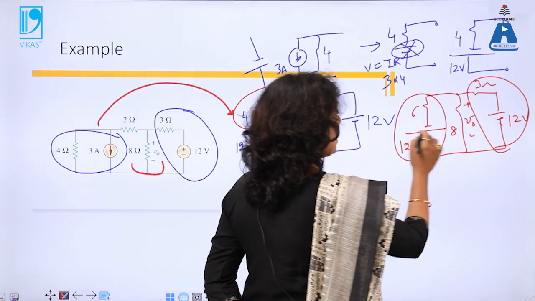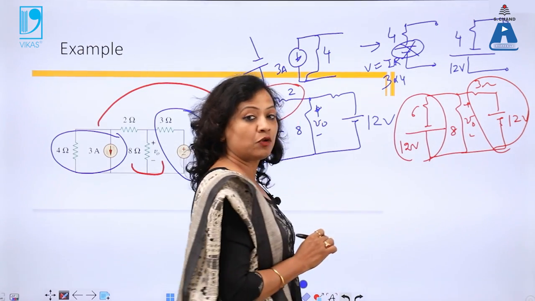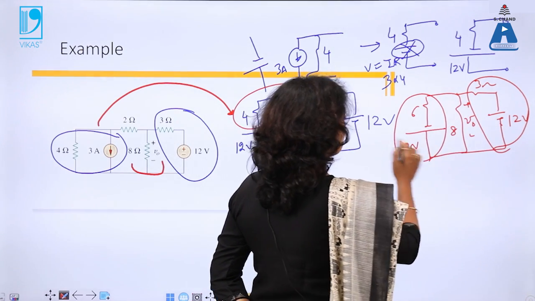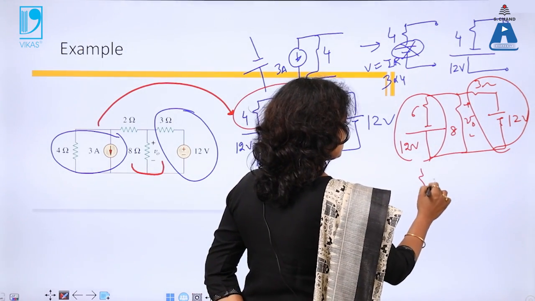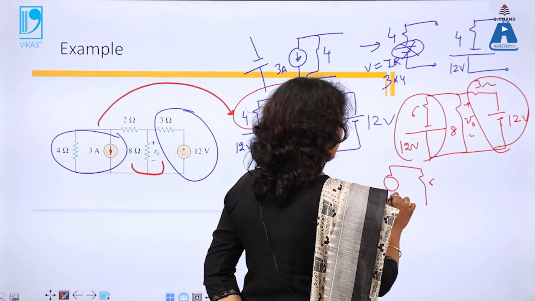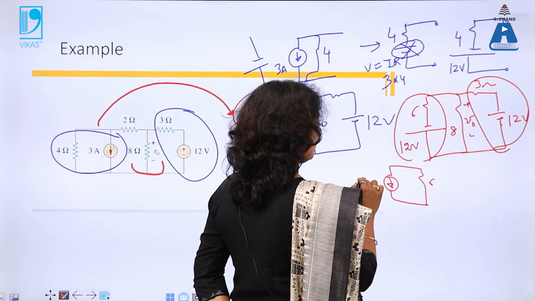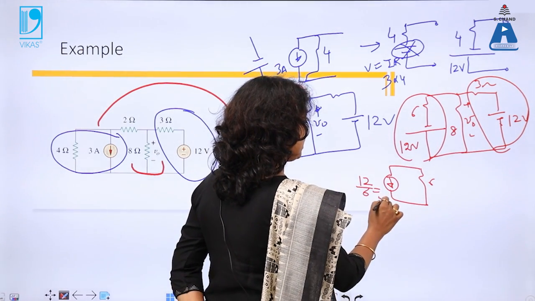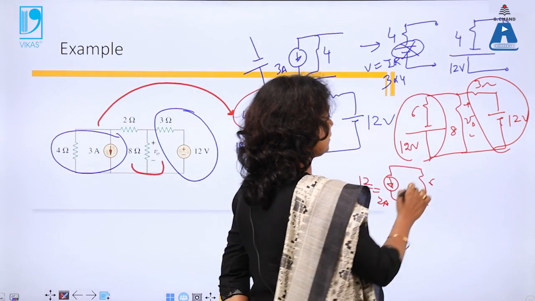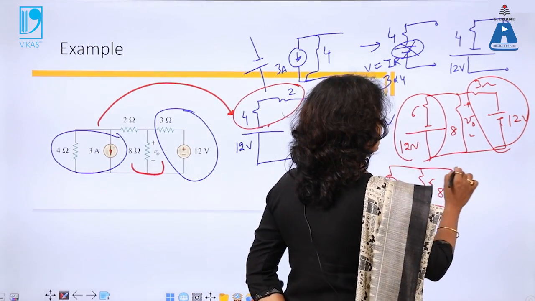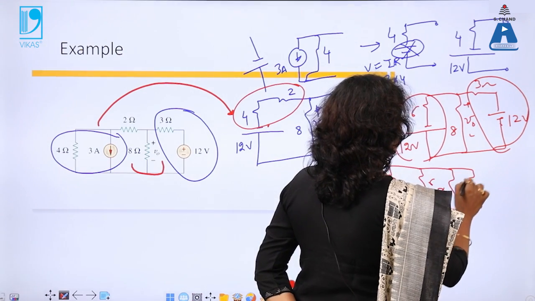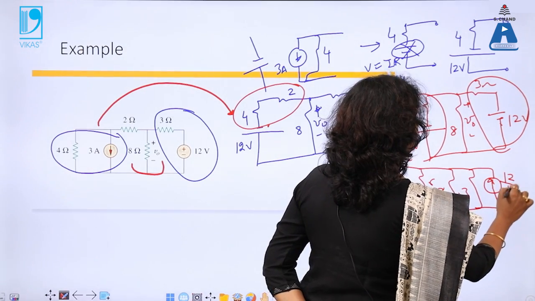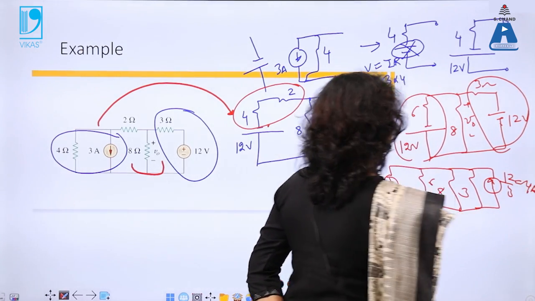So let me source transform, and I do not have to use the 8 ohm across which I need to find V naught. It is better to source transform both the cases. So this is 6, then my current will be 12 by 6, V by R is I, this is 2 amperes and the direction is from negative to positive, then 8, and then 3 ohm in parallel with a current of 12 by 3, that is 4 amperes.